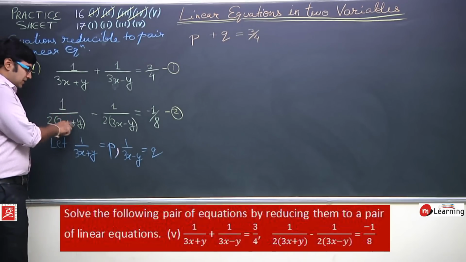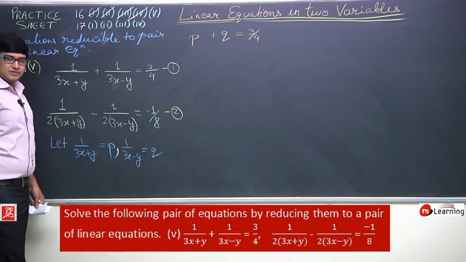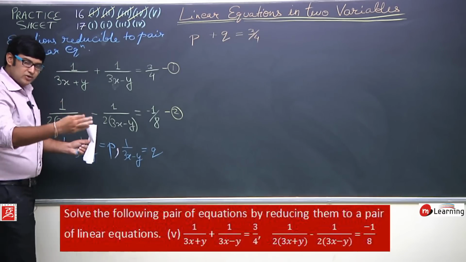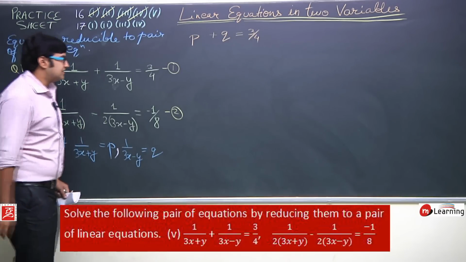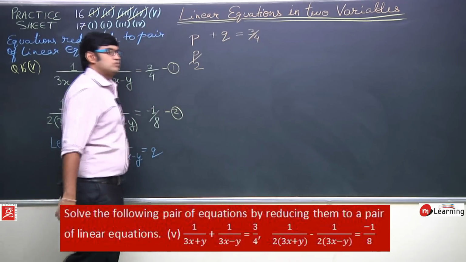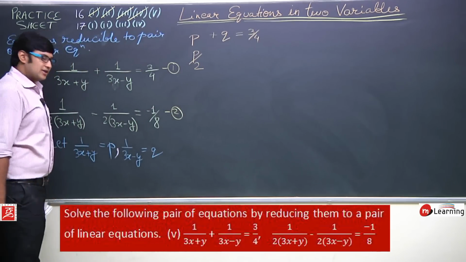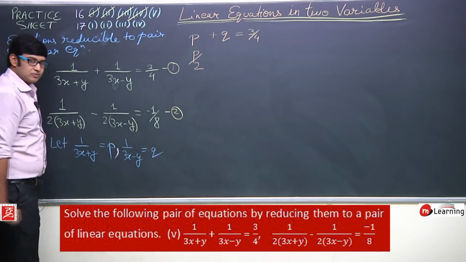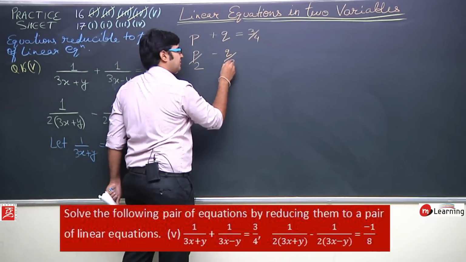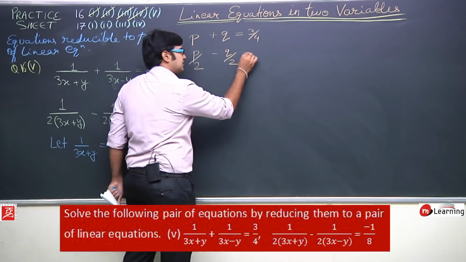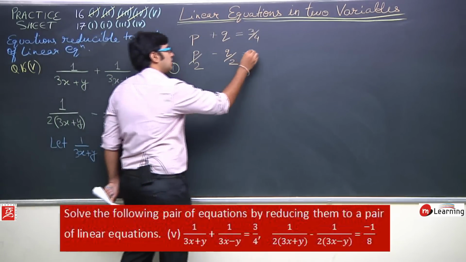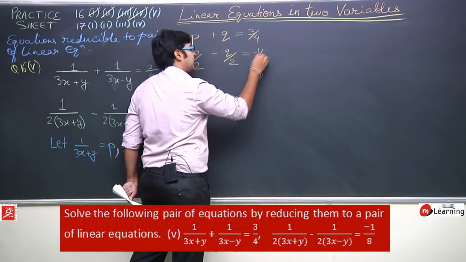Then the second equation, 1 upon 2 times 3x plus y. What can I write in its place? I can say this is 1 upon 2 into 1 upon 3x plus y. It means I can write this as p divided by 2. Similarly, this expression I can write as minus q divided by 2, and this is equal to minus 1 divided by 8.